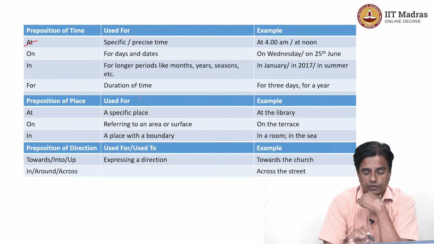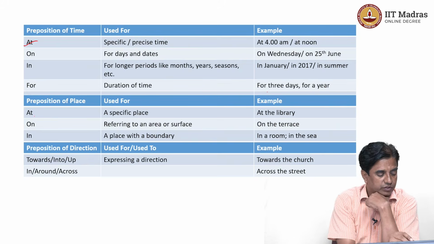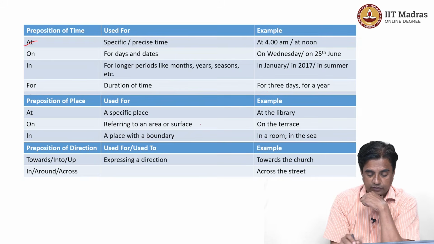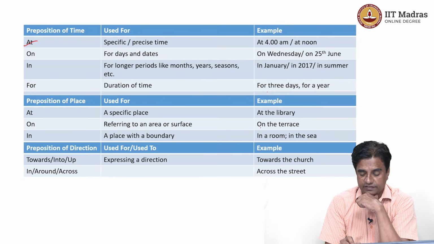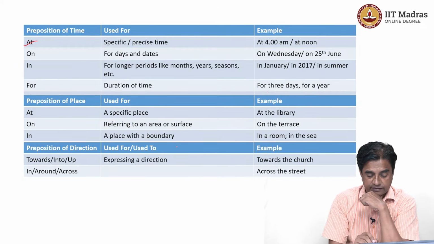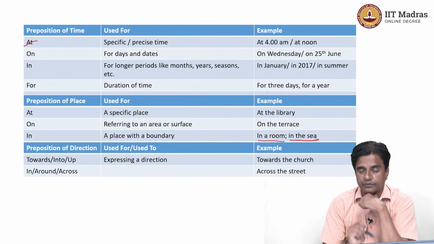For, we use for duration of time, for 3 years, for a year, and so on. We use "at", again, look at this. We can use it for a specific place also, at the library. On, referring to the area of a surface, on the terrace. And in, place with a boundary, in the room, in the sea. So see this? This is what I was talking about.